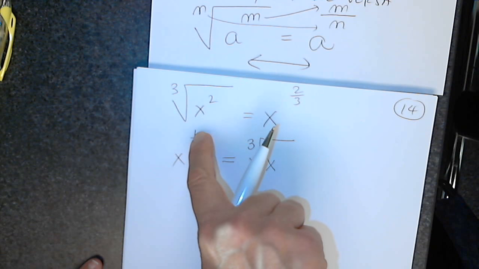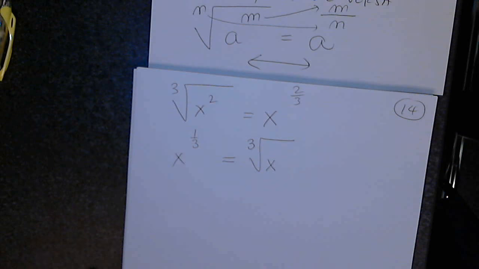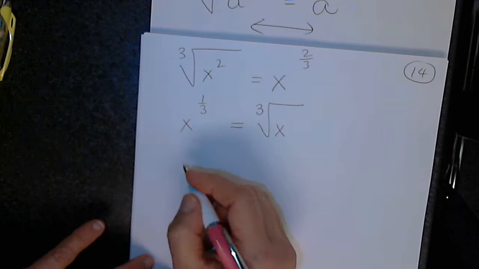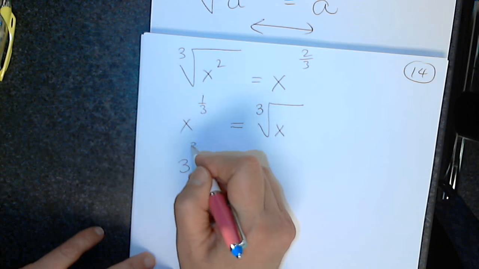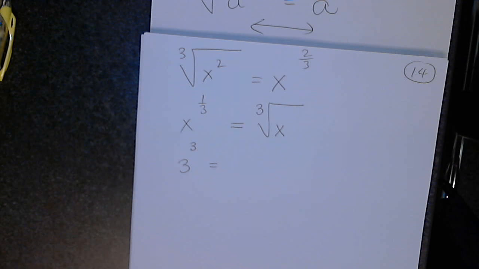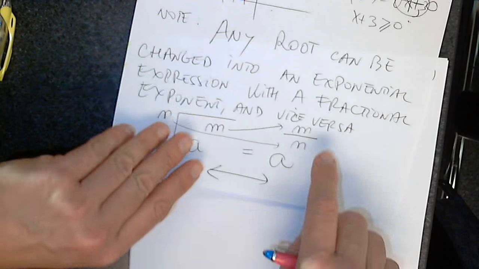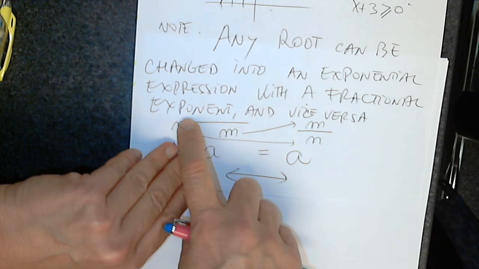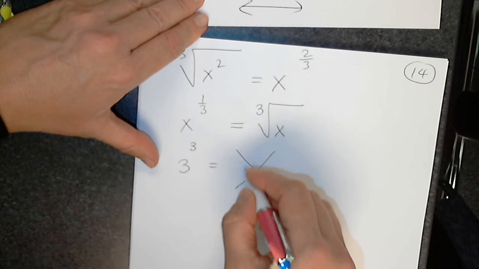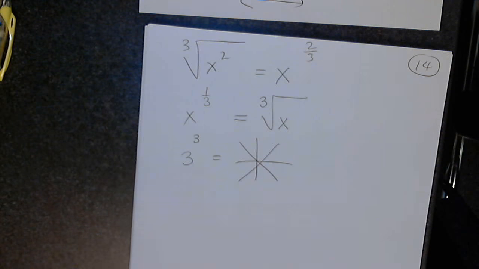Very good. Now, what if I ask you to change 3 to the 3rd power into a root? It's not a root because the exponent is not a fraction. I can't change 3 to the 3rd into a root. That's just 27. That's not a root.